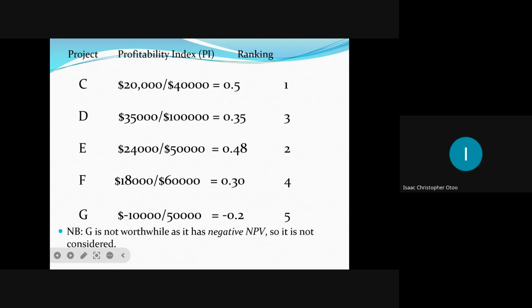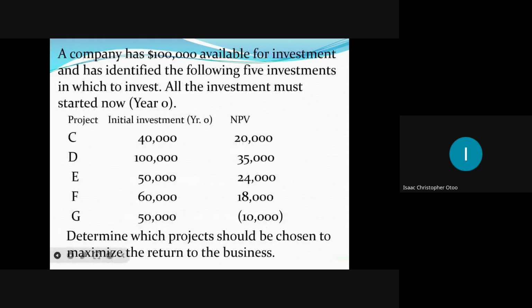But for the rest, if you look at the NPVs: C 20,000, D 35,000, E 24,000, F 18,000, then G negative 10,000, which they will not consider. But for the four, by looking at it on face value, I would have chosen D straight away. But if you do it so, the right answer may elude you.